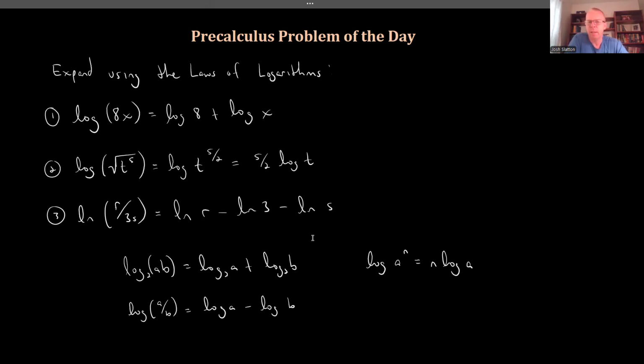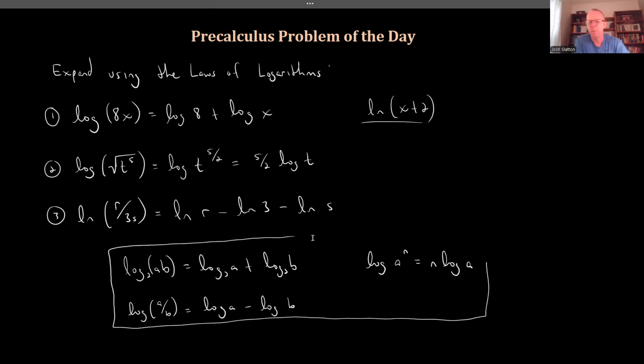Now, if you have something like ln of x plus 2, you can't split that up. That is as simple as it gets. You just have to deal with ln of x plus 2. But whenever you have things multiplied together inside the logarithm function, then you can split them up. So practice these a little bit. They don't take too long to get proficient at, as long as you have memorized these properties.